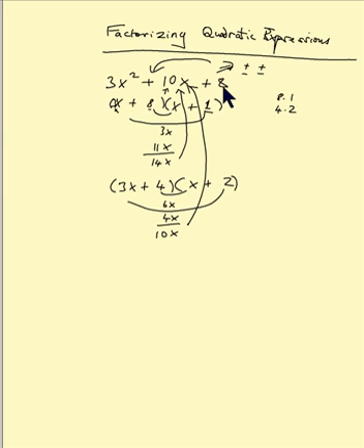So remember, the most important thing here is to look at the second sign, the last sign, and that will tell you the signs that you need to use within the brackets. So if it's a plus, that means it can be either a plus or a minus.